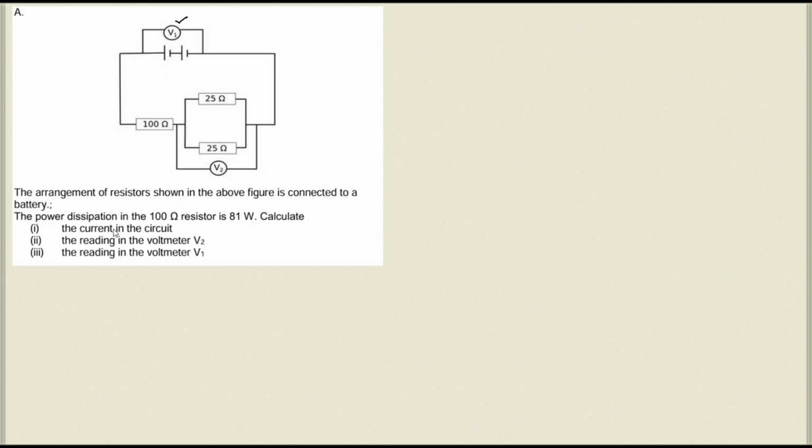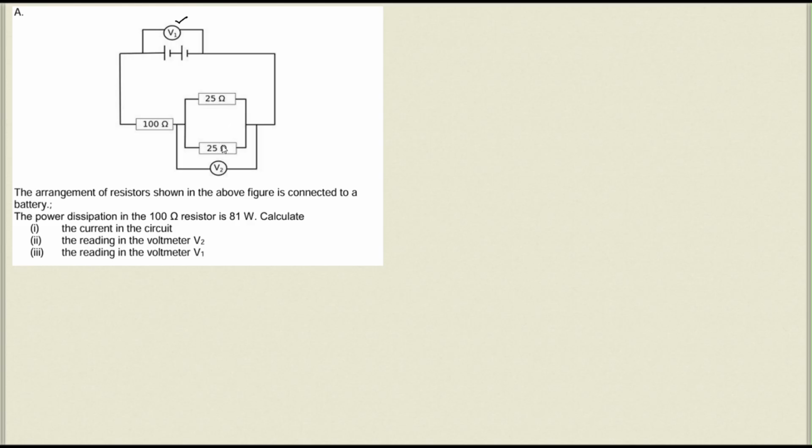Yes. So that is not given, but we are provided with the resistors: a 100 omega resistor which is in series connection, and two 25 omega resistors which are connected parallel to each other, and together these 25 omega resistors are in series with the 100 omega resistor. V2 is a voltmeter which is connected across this parallel combination of 25 omega resistors, which gives the potential difference across this parallel connection.